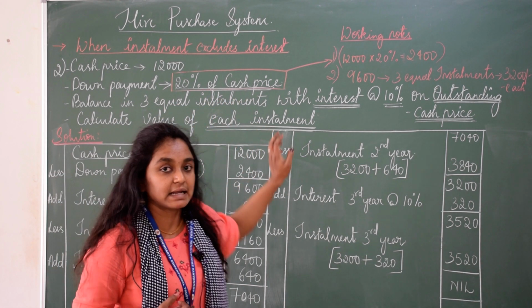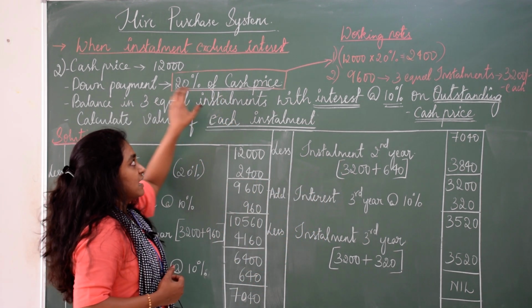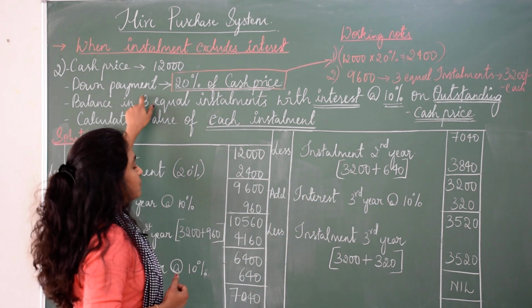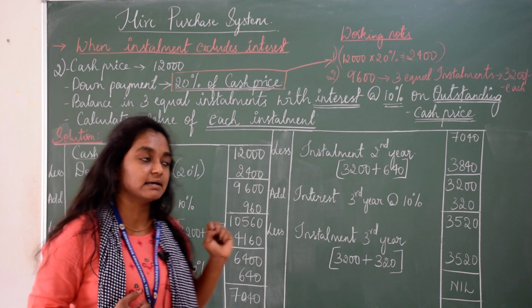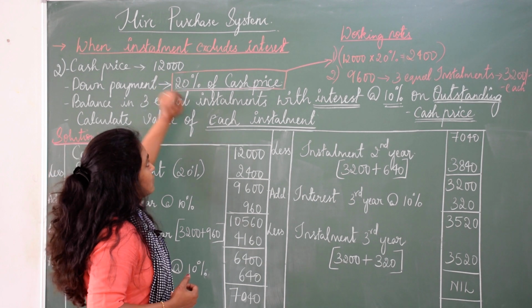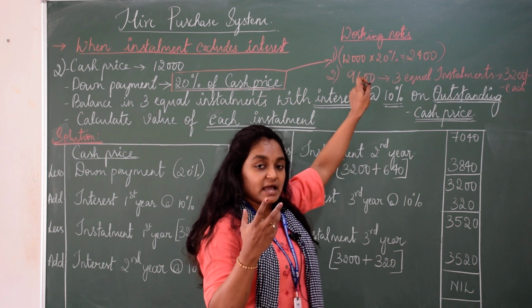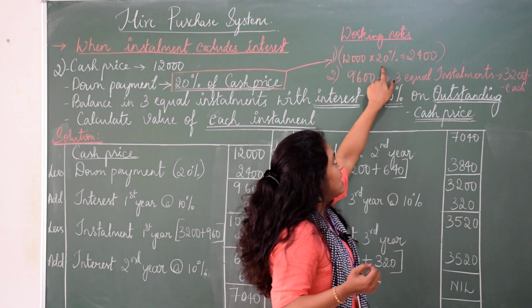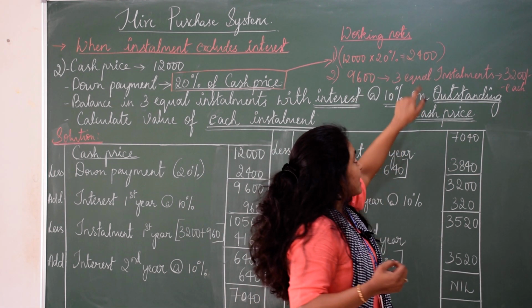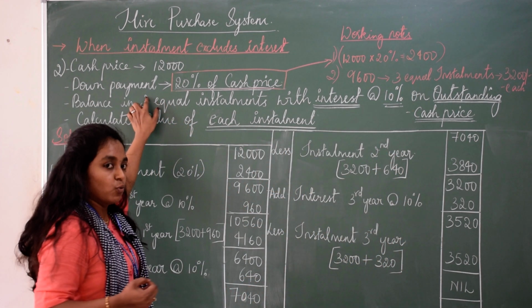Here they have not directly given us the detail; they are telling us 20% of cash price will be the down payment that you pay on the date of agreement or while signing the agreement. So, 12,000 into 20%, you can show it in the working note: cash price was 12,000, on cash price if we apply 20%, we get 2,400, that will become the down payment value.